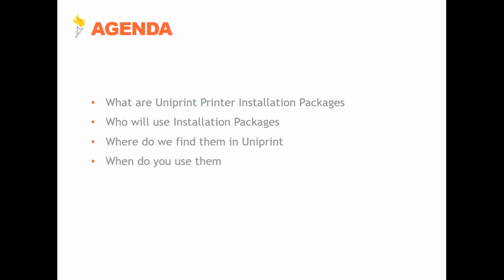Who will use installation packages? They're typically used by end users, whether staff or other users. Where do we find them in Uniprint? Installation packages are located in the Pharos Administrator section under Packages. There are 4 different areas in the tree, and we'll go through those.